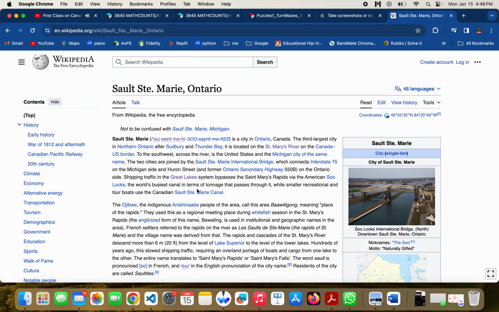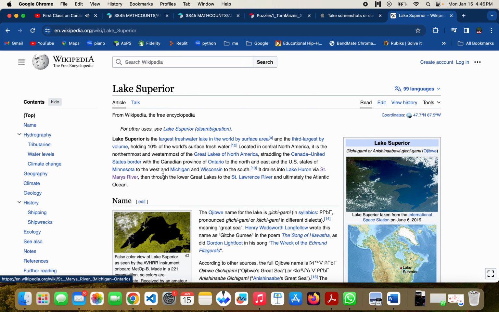Now we're in the Great Lakes. Now we're going to Superior.